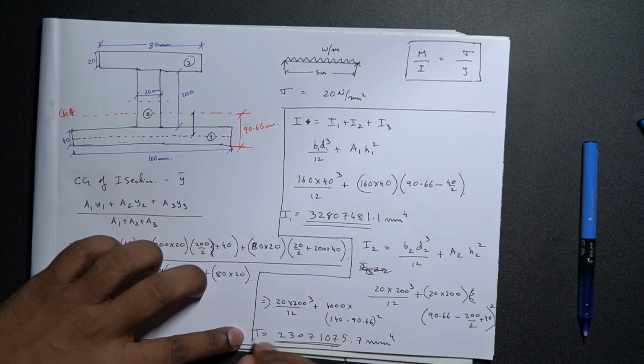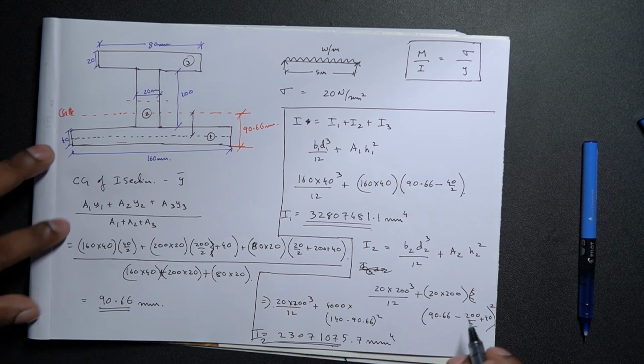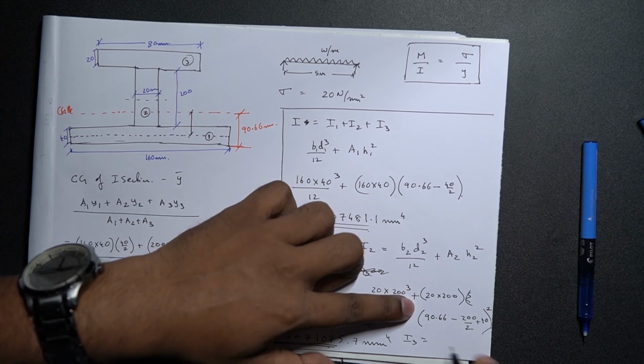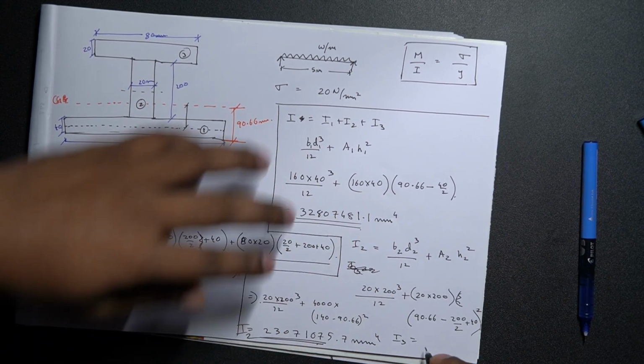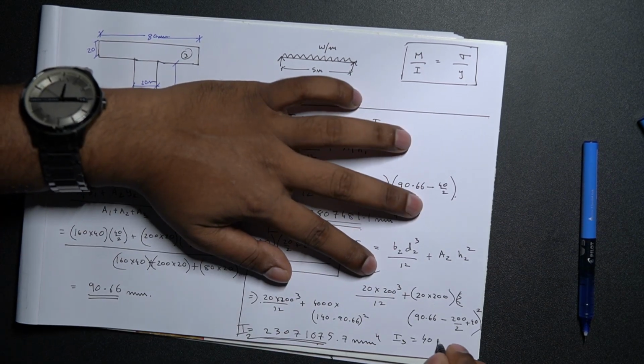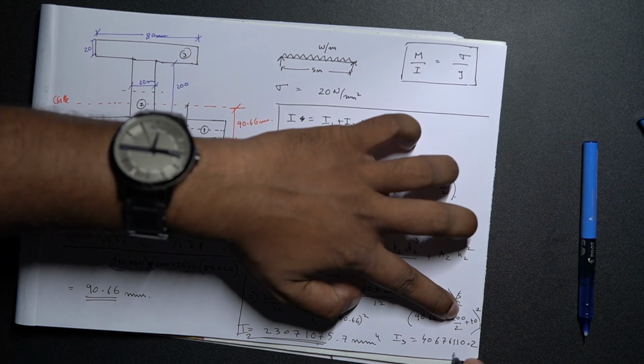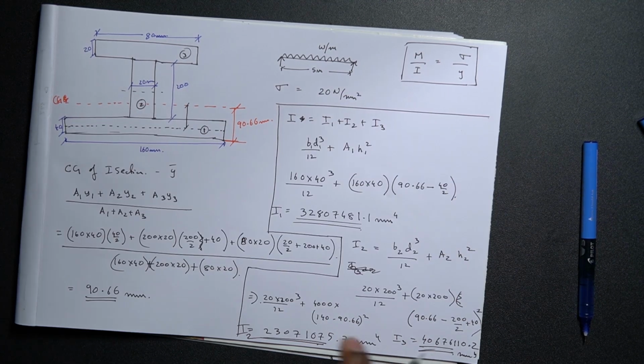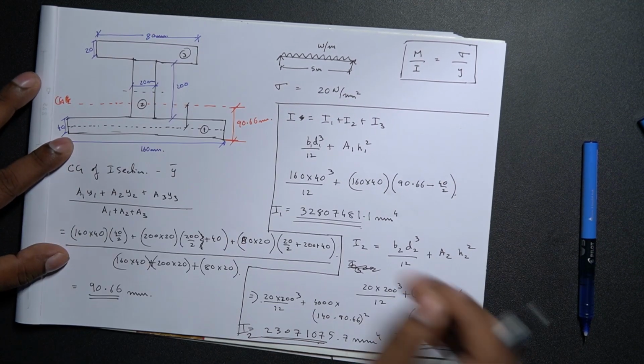This is your I2 and this is your I1. And lastly, for I3, the value is coming somewhere around 4067611.2 mm power 4. That is the I3. So we have I1, I2 and I3 with respect to individual sections.